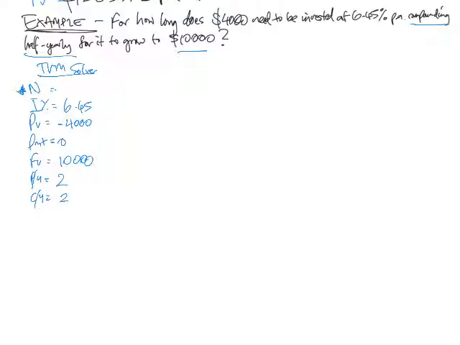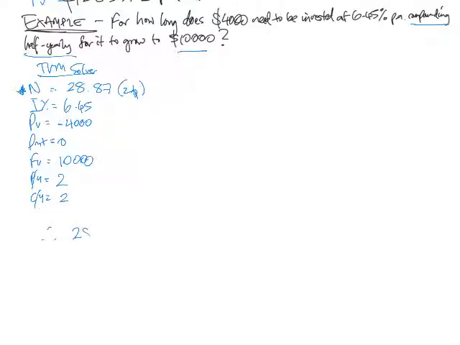So now I'm going to highlight N and go alpha solve, and that comes up with 28.87 to 2 dp. So that's telling you that's not 28.87 years that you need to put in. That's ridiculous.